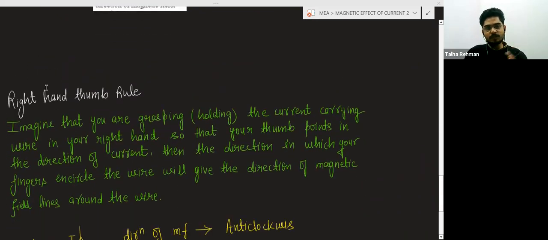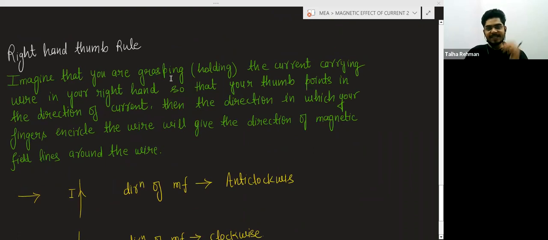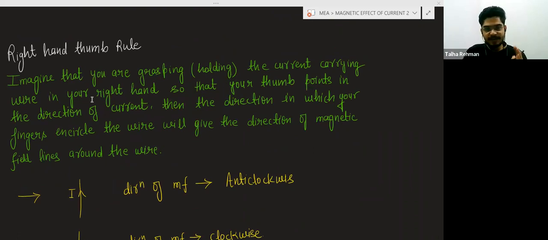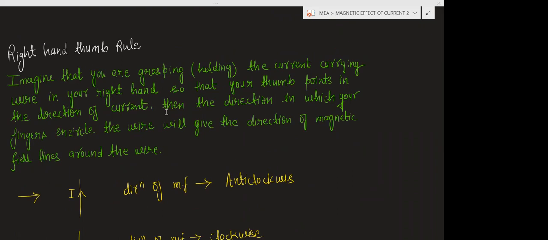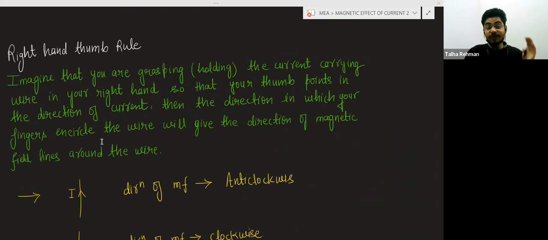Okay, so right hand thumb rule. Imagine that you are grasping or holding the current carrying wire in your right hand so that your thumb points in the direction of the current. Understanding, Azaan, or not? Yes, sir. Then the direction in which your fingers encircle the wire will give the direction of the magnetic field lines around the wire.